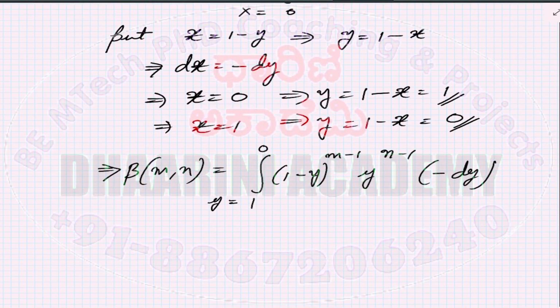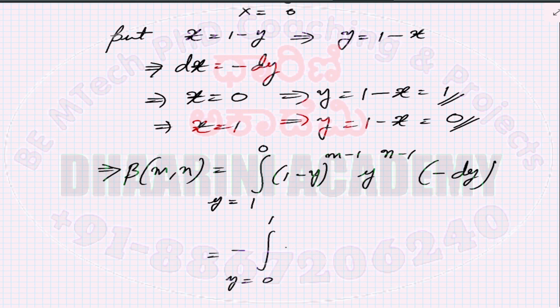Okay, after the substitution, now I'm going to use the property of integration, that if you have integral a to b, you can reverse the limits provided you take a minus of that. This is equal to minus of, now I change y from 0 to 1 because I flip. Flipping means the minus will come out. There has to be one minus.